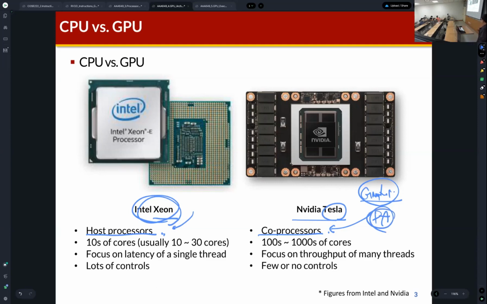If the parallel execution part is written as GPU code, then this code is delivered to the GPU, the co-processor, and only this part is performed by the GPU.